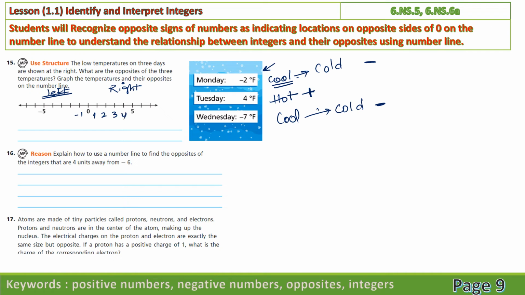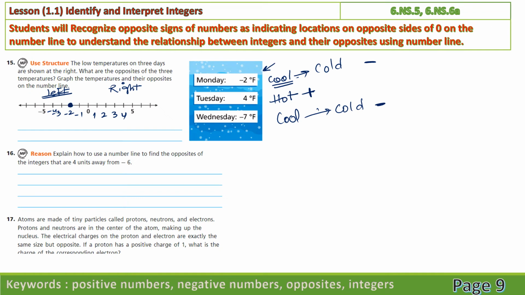Now, why did I write 1, 2, 3, 4, 5? Because one box is equal to 1 Fahrenheit, and on the opposite side of the 0 will be written the negative integers. So here -2 is here.